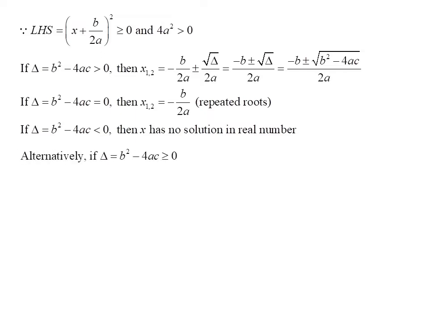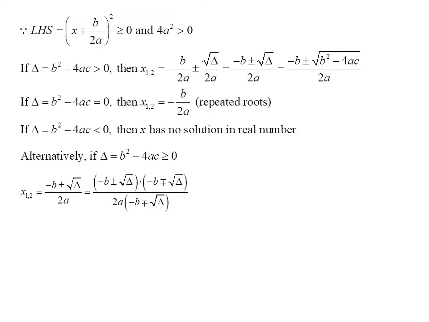In addition to the discussion, we also demonstrate here an alternative expression for the solution of this quadratic equation, given the condition that the discriminant is greater than or equal to 0. We start with x1, x2 equals negative b plus minus square root delta over 2a.